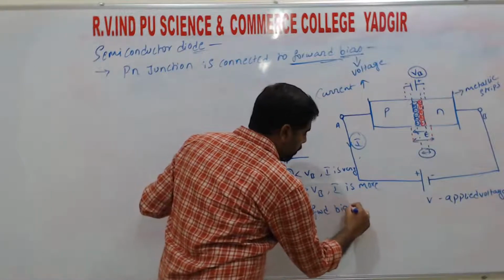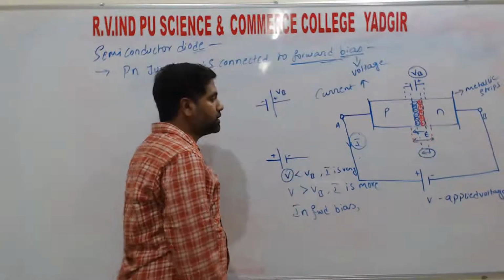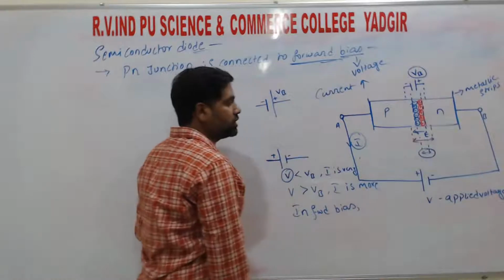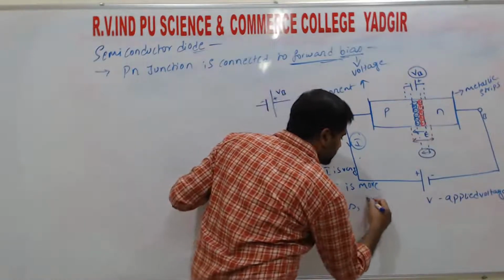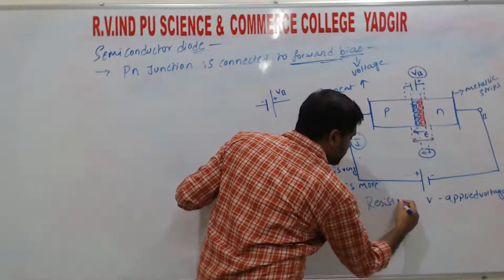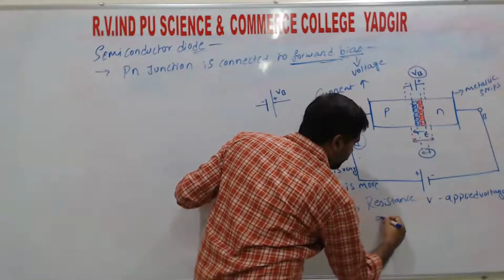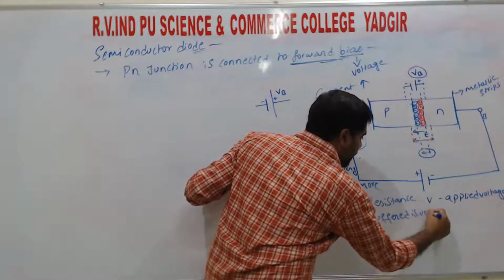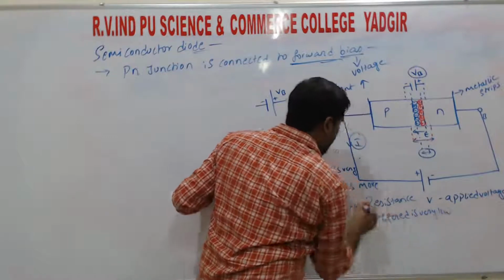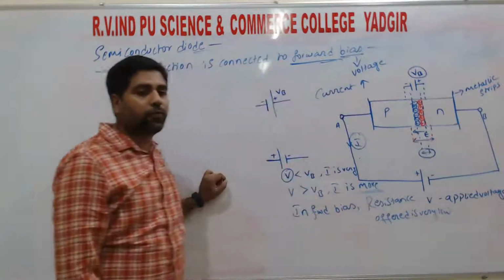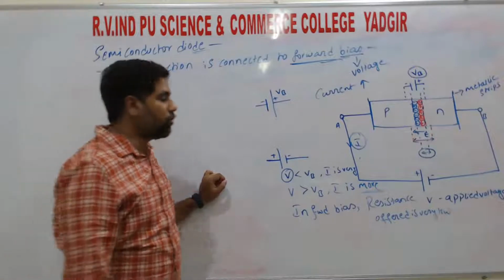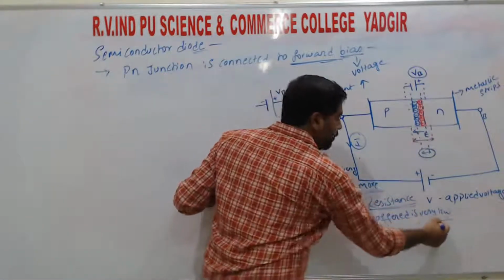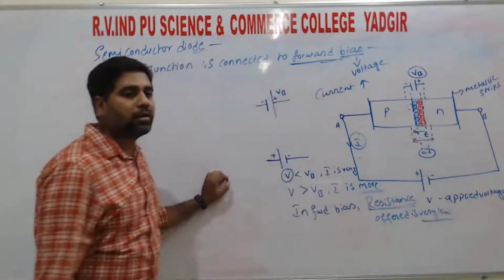in forward bias, the resistance offered by the PN junction is very less. The resistance offered is very low because we have more current flowing in the external circuit. For that reason the resistance offered by the PN junction is very low, right?